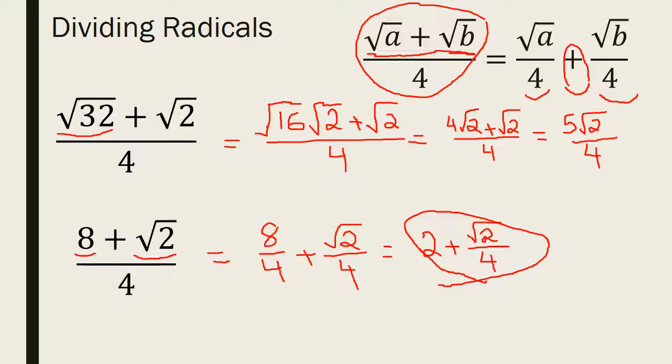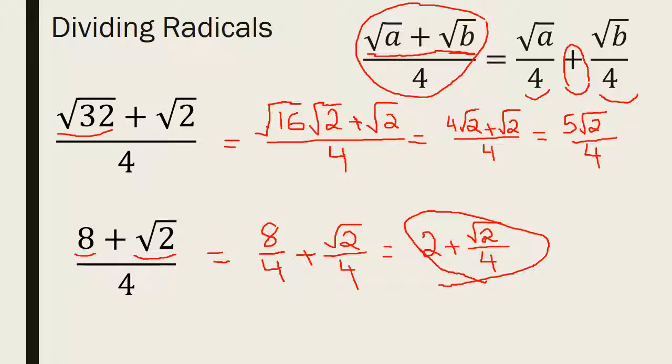So again, the major thing that you need to know is that working with radicals is not a lot different than working with variables. When we add or subtract radicals, we look for like radicands the same way we look for like variables. When we multiply radicals, we just multiply the radicands together the same way we multiply variables.